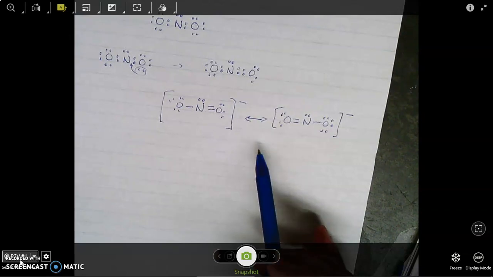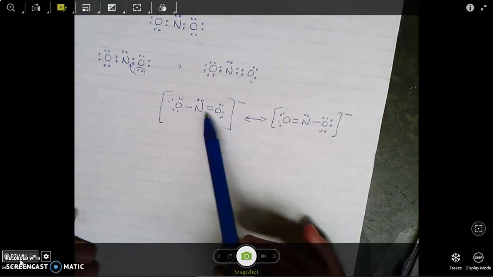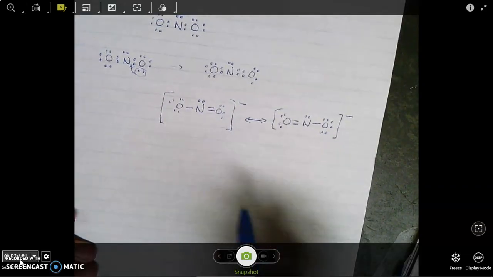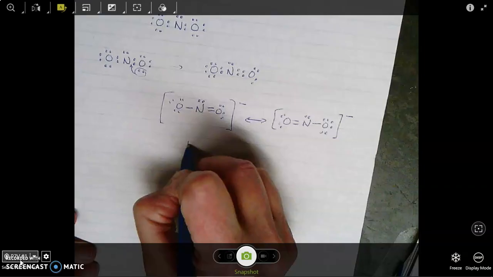Bond lengths, bond strengths are all identical. And that would mean that each one of these bonds would have an order of 1.5.